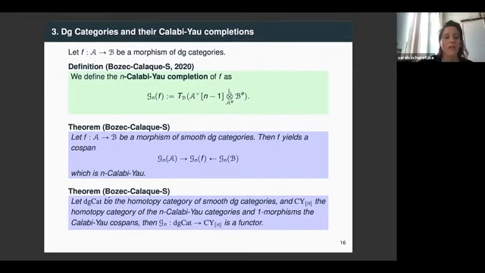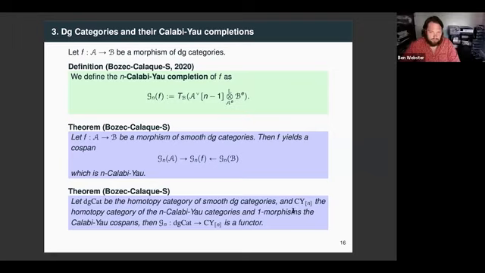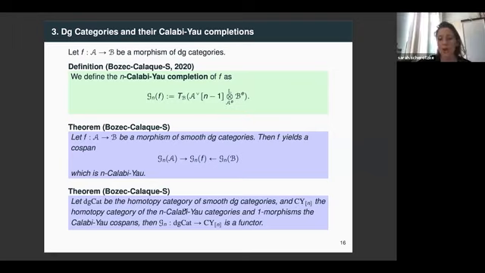If I denote by DG the homotopy category of smooth DG categories, and by CY_n the homotopy category of n-Calabi-Yau DG categories, with one-morphisms the Calabi-Yau cospans, then taking the n-Calabi-Yau completions is actually a functor.